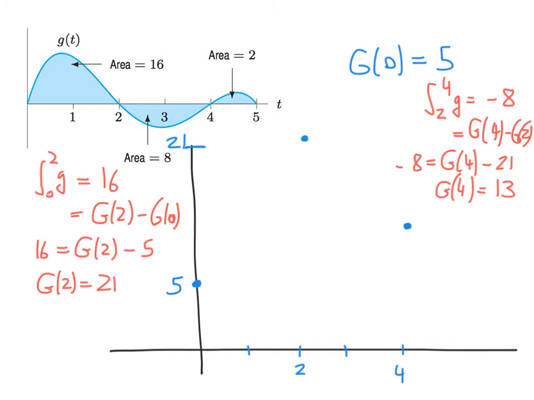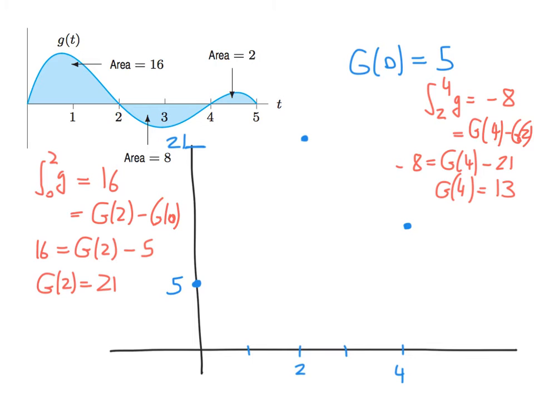Finally, we have a positive area again. Between 4 and 5, the area is 2. We know that g of 4 is 13. The total area here between 4 and 5 is 2. That, by the fundamental theorem of calculus, is equal to the total change of the function from 4 to 5.